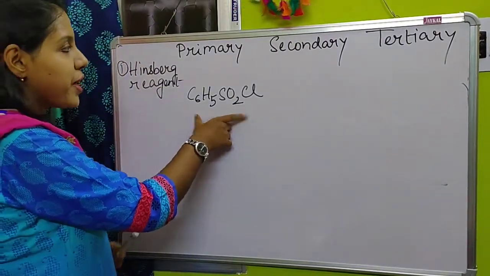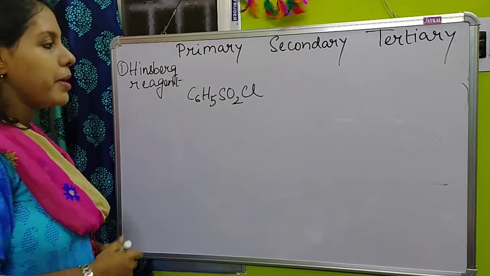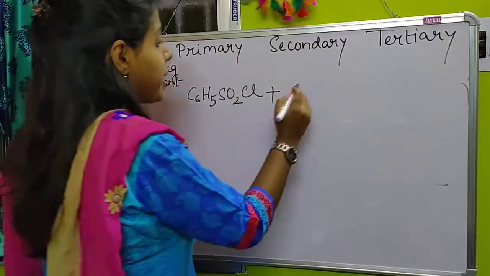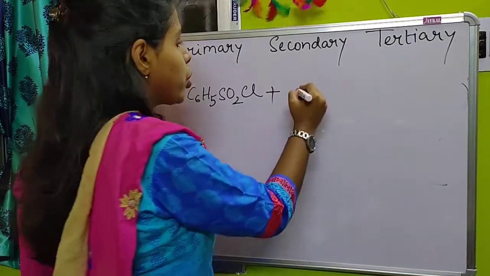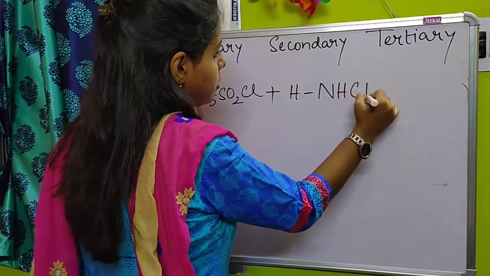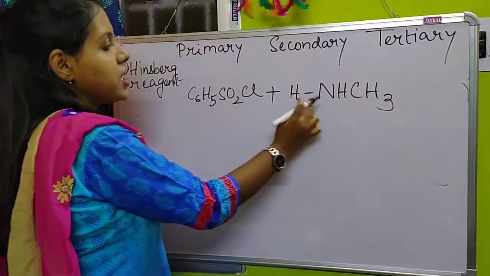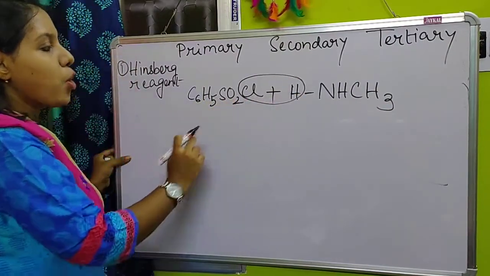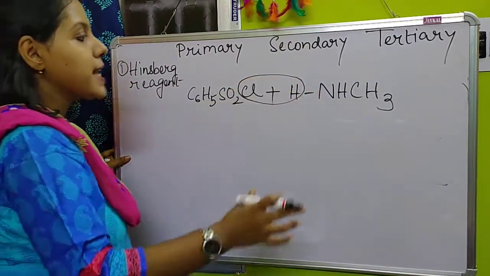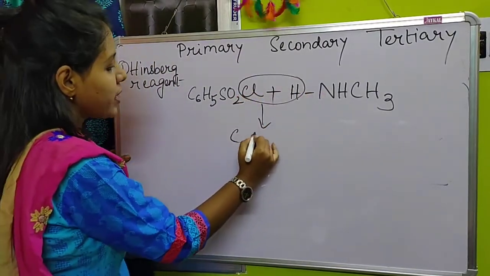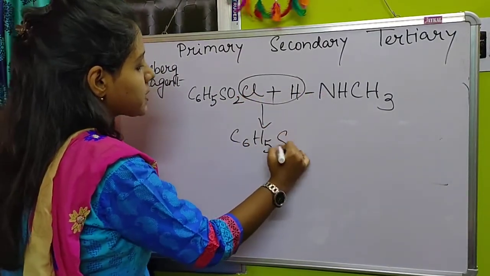If we add this reagent to a primary amine, what will happen here? Primary amine means CH3NH2. One hydrogen and one chlorine will be removed as HCl. So this group will be directly attached, making this compound.